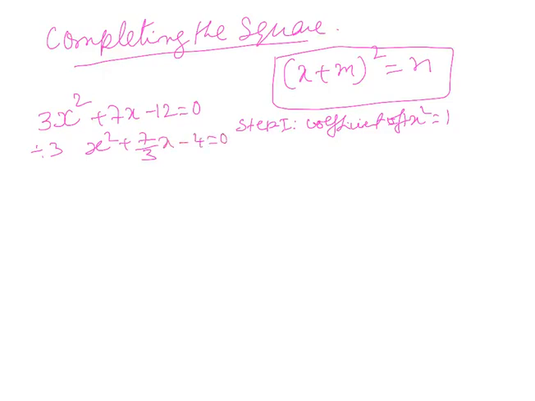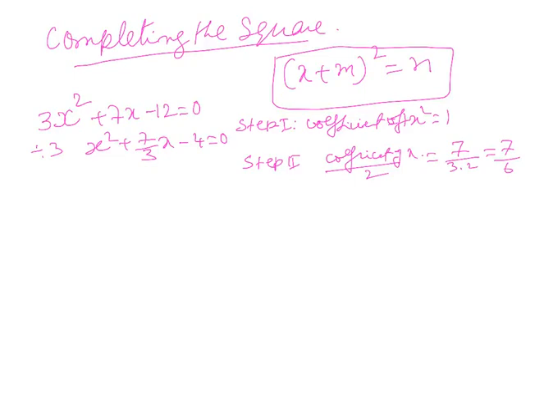My second step is to take the coefficient of x, that is 7 over 3, divided by 2, that will give me 7 over 6.